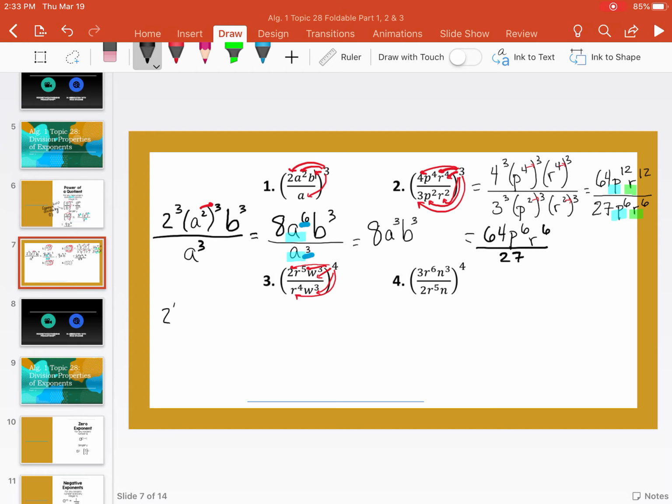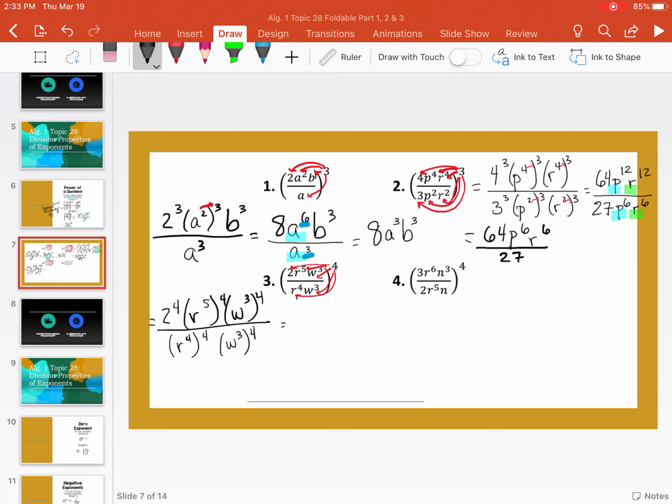We get 2 to the 4th, r to the 5th to the 4th, w to the 3rd raised to the 4th, all over r to the 4th raised to the 4th, and w to the 3rd raised to the 4th.